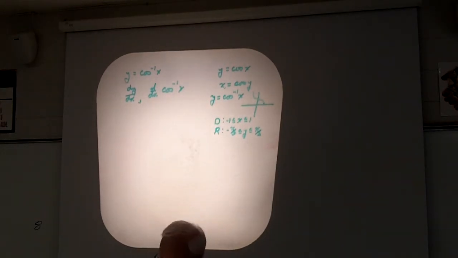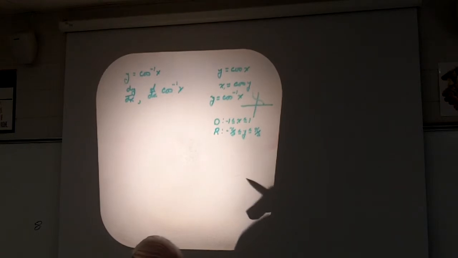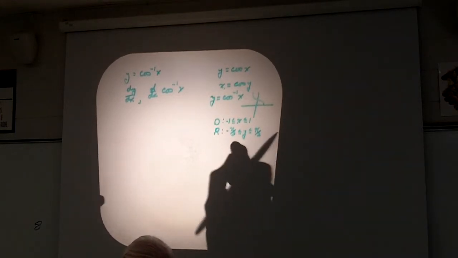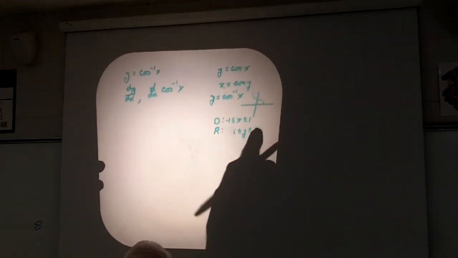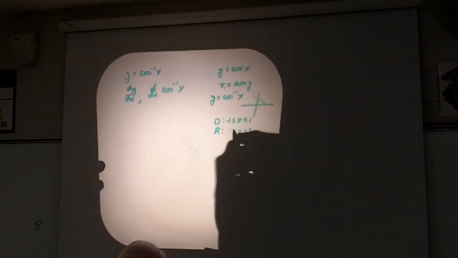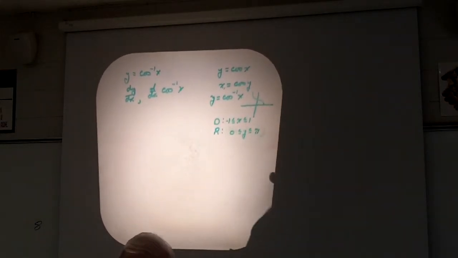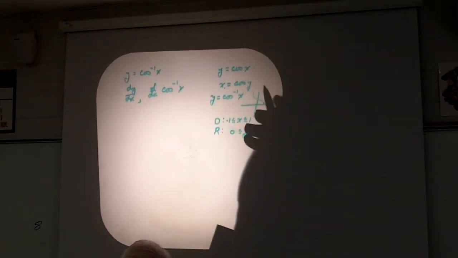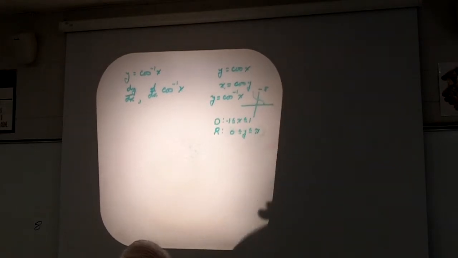Okay? I'm going to do something else here in a minute. Why is it negative pi halves? Because I have a mistake. It's 0 to pi. Thank you, because I needed it in just a moment, and I would have caught it then, but not before. See, I run from here to here. This height is pi. Okay?